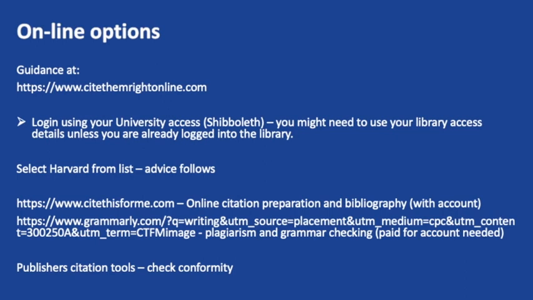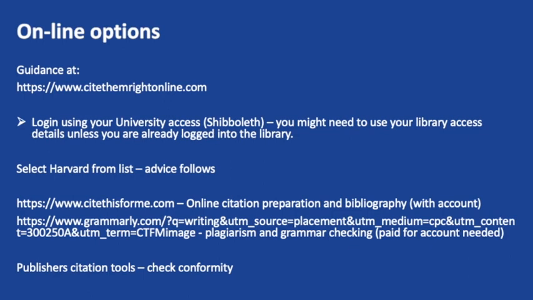If you're using Cite Them Right, you will find that if you are part of a university that has access through Shibboleth, which is one of the library access portals, you will then find you can get into a full range of support material there. Just make sure you're selecting the correct referencing system, such as Harvard, from their list, because you will see there a huge list of options.